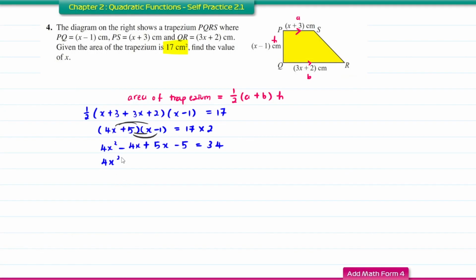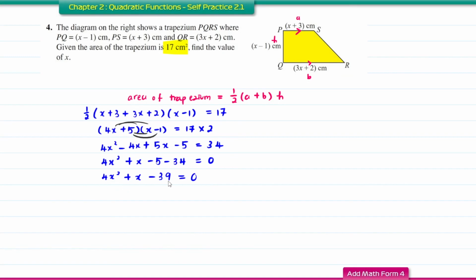So 4x squared, negative 4x plus 5x is equal to positive 1, which is plus x, minus 5 minus 34 equal to 0. Then we can solve for this, which is equal to negative 39 equal to 0.